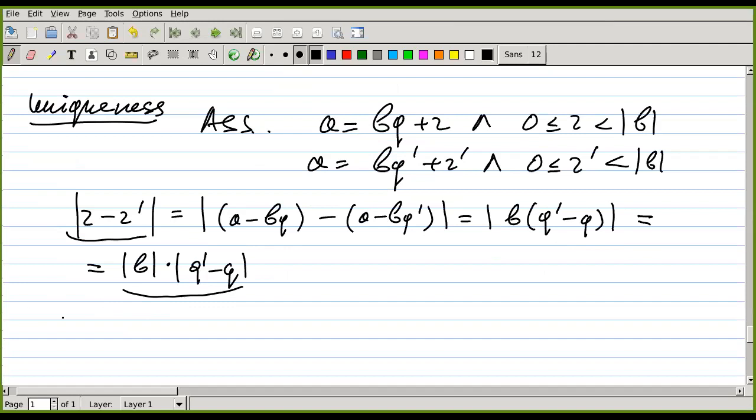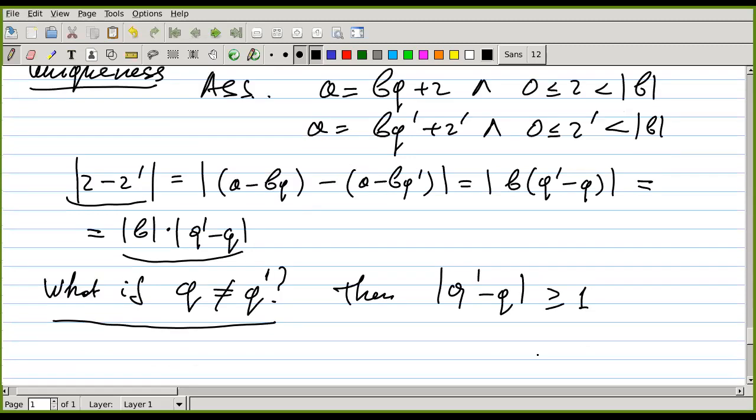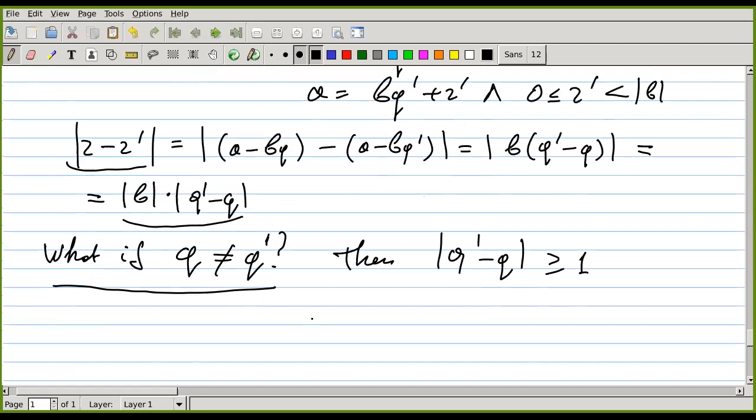Interesting. What if Q does not equal Q prime? Then the absolute value of the difference of the quotients is at least 1. Do you agree? Yes. So then the difference between R and R prime is how many?